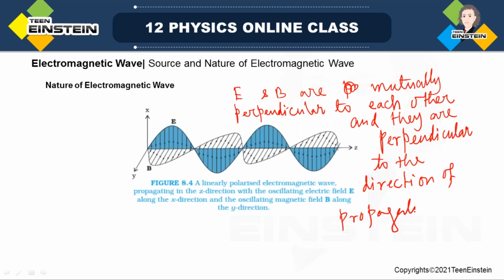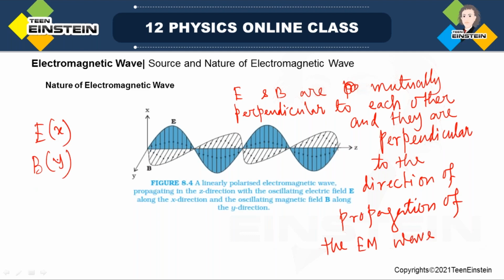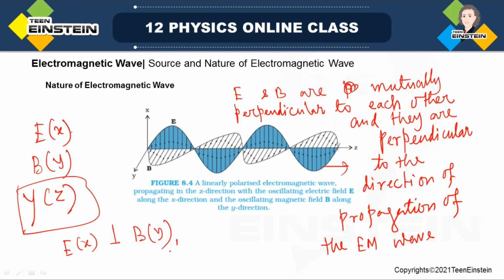But what about the EM wave? Ex is perpendicular to By, and they are individually perpendicular to the propagation direction, which is one of the natures of this electromagnetic wave.